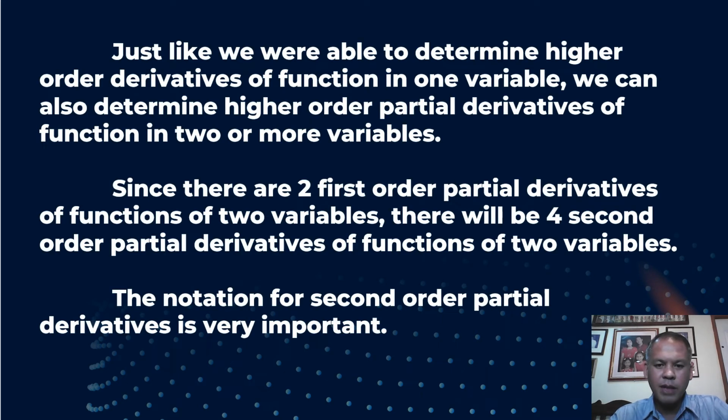Just like we were able to determine higher order derivatives of a function in one variable, we can also determine higher order partial derivatives of functions in two or more variables. Since there are two first order partial derivatives of functions of two variables, there will be four second order partial derivatives of functions of two variables.